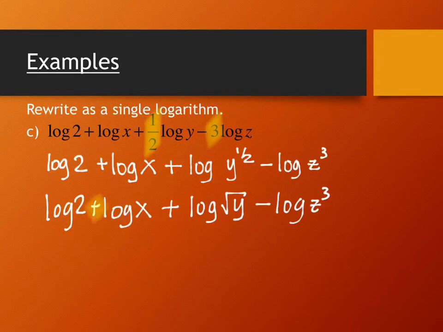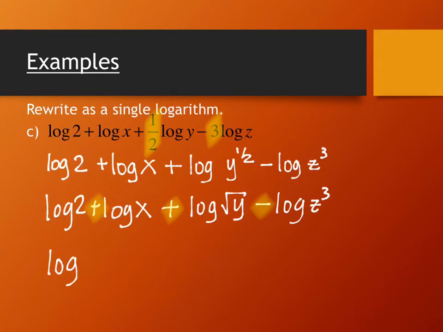These 2 tell me that those are both going to be in the numerator because they're added. There's a plus sign here. That square root of y also going to be in the numerator. But the subtraction sign here means that that z cubed is going to be in the denominator. So as I rewrite this, this will have a single log. Don't rewrite your log, one log, nothing else rewritten.